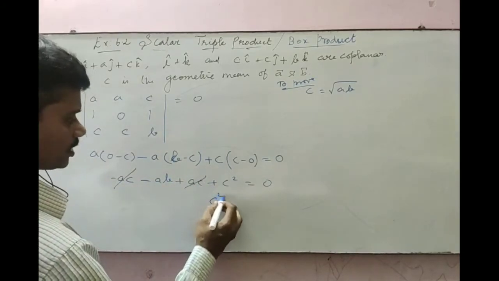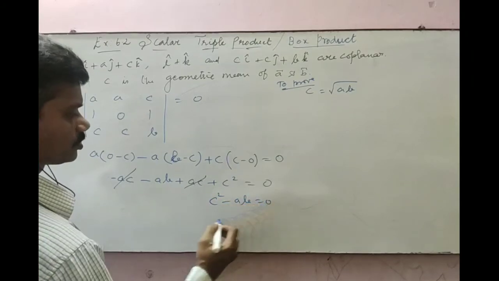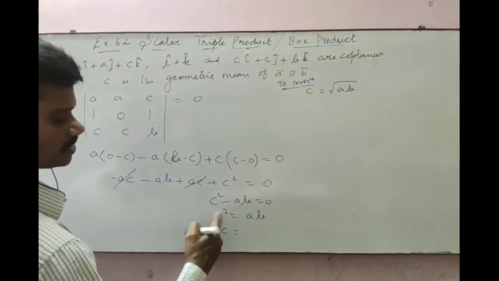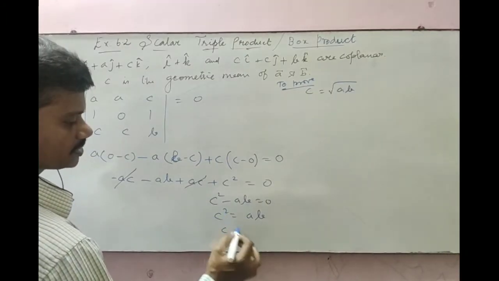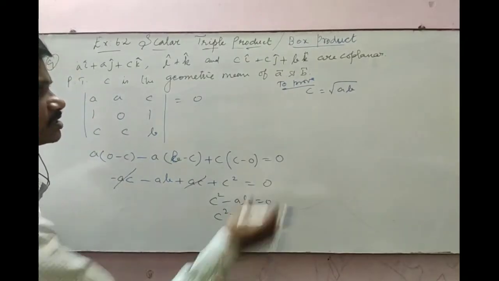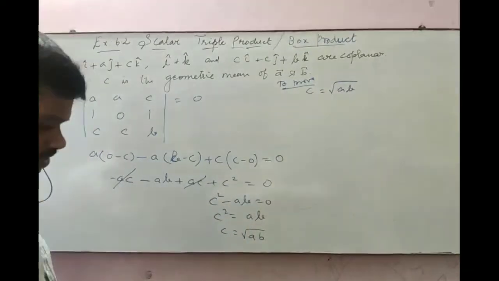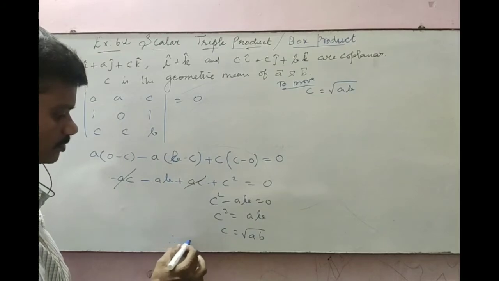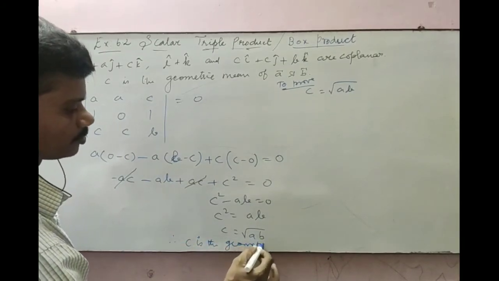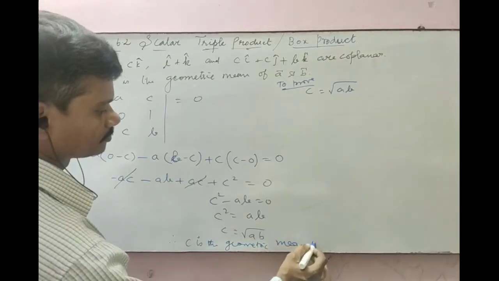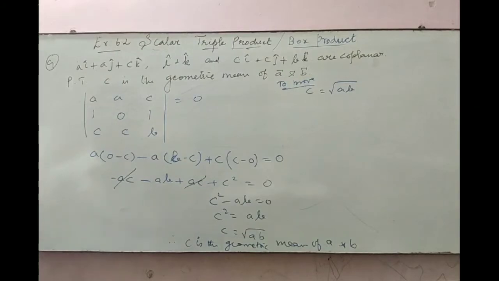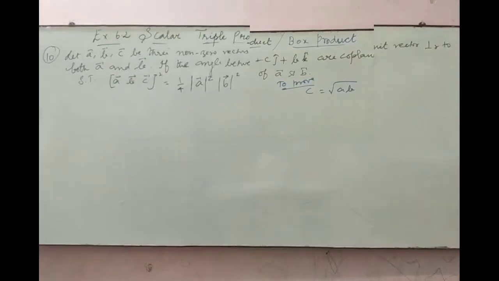I will get c square minus ab equal to 0, c square equal to a into b. If I take the square root on both sides, c is equal to root of ab. That means c is the geometric mean of a and b. Hence we prove that c is the geometric mean of a and b.